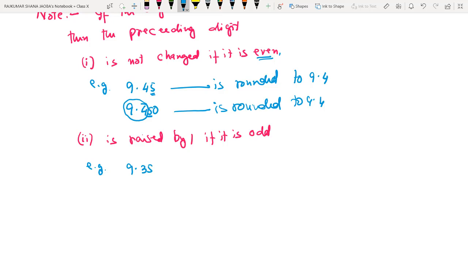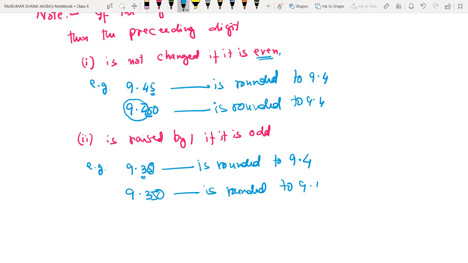The 5 is dropped, and the preceding digit 3 is odd, so it is raised by 1. So it is rounded to 9.4. Or 9.350 is rounded to 9.4.